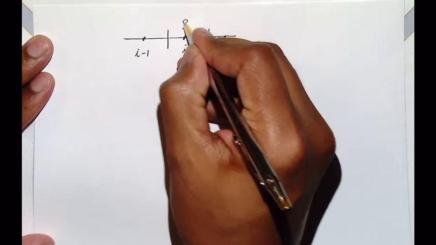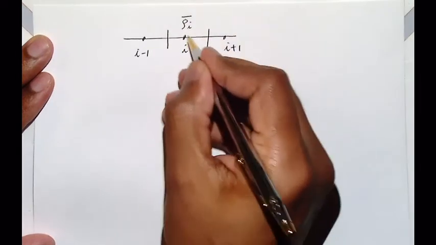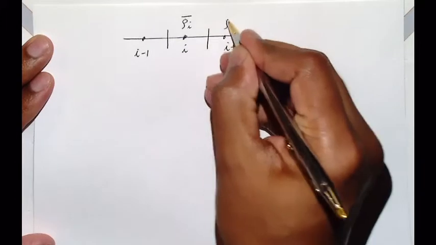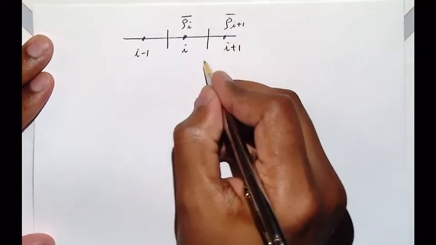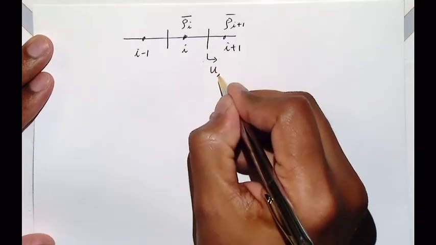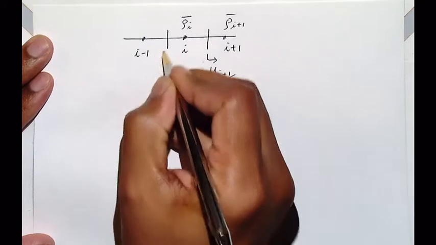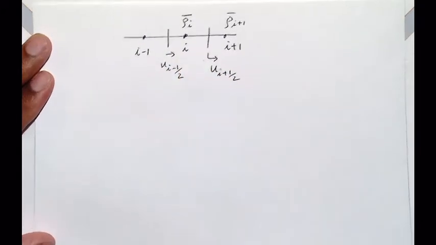So we can say the average rho of cell I is stored at the center. And all the cell faces get to store the velocity. So u at I plus half is stored here, and u at I minus half is stored here.